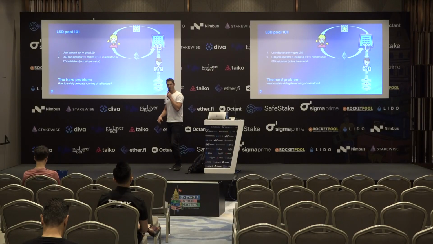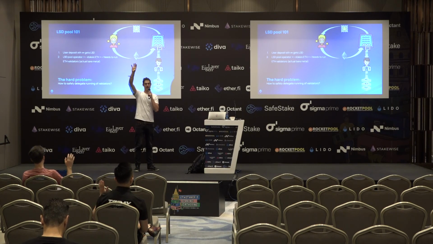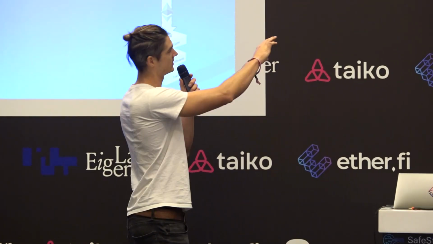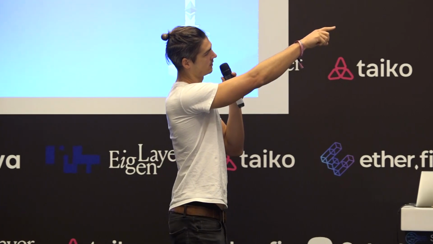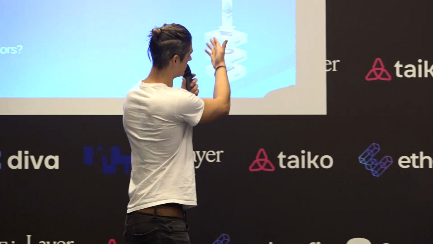Okay, so let's start with this. Who here is familiar with the basics of how LSDs work, how the pool works, the basic dynamics? Okay, so this is quite clear, right? Somebody stakes, meaning gives their ETH to the pool, then the pool accumulates the ETH, and then it needs to send it to some operators who then will run the machines.